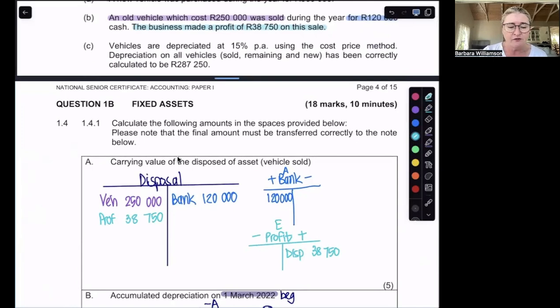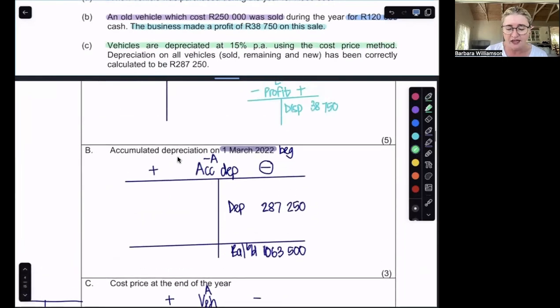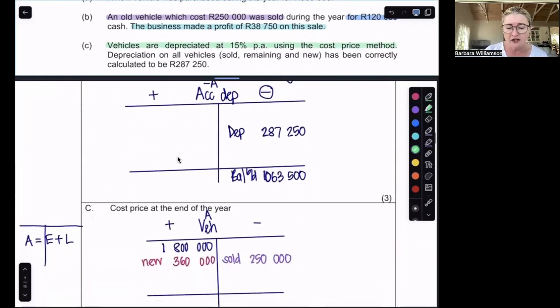The next piece of information that I've got is that vehicles are depreciated at 15% per annum using the cost price method. So I would normally go and make a little note of that either on the vehicles account or the accumulated depreciation. Personally, I like to put it on the vehicles.